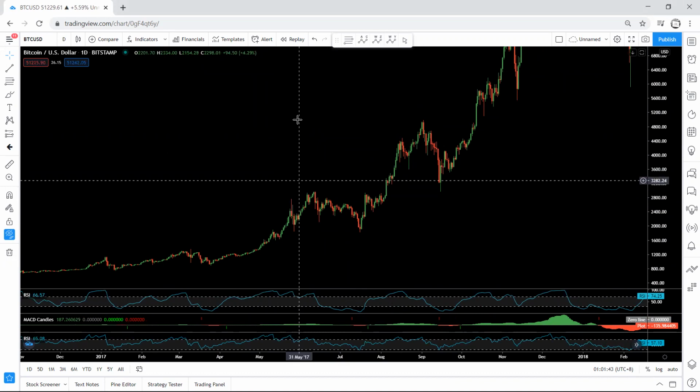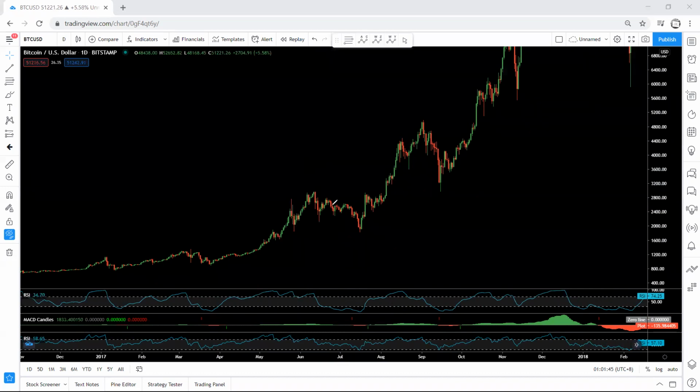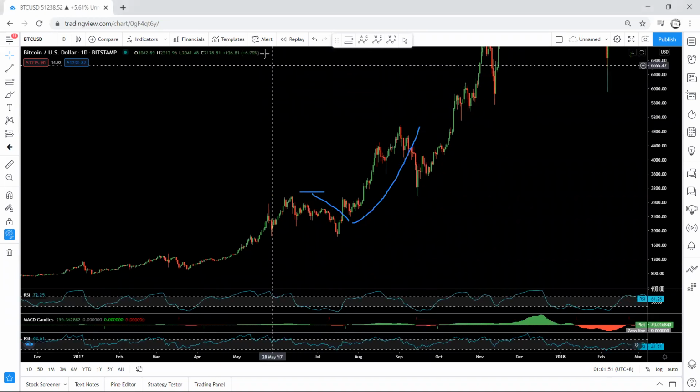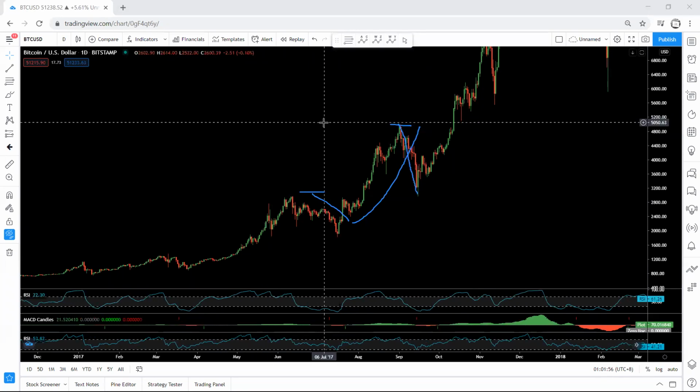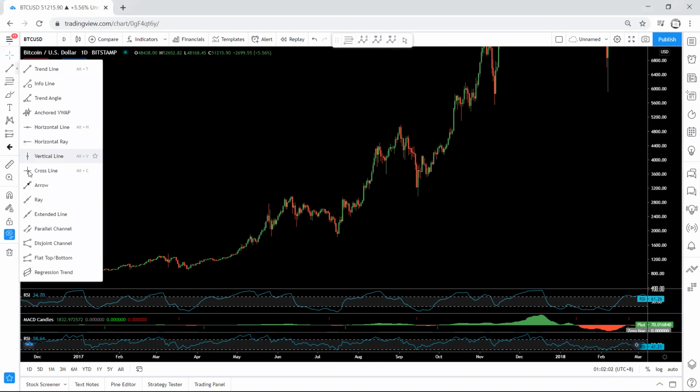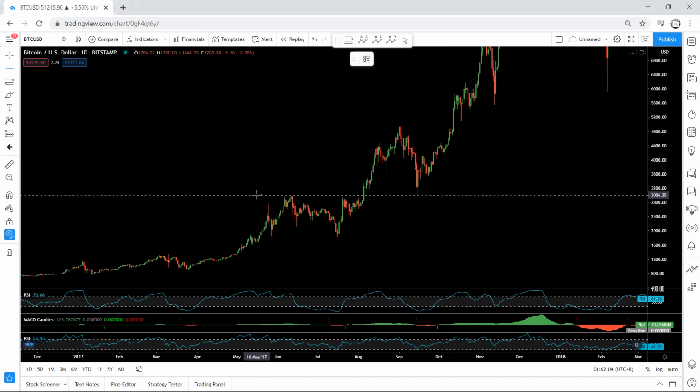When the price was almost 3K, we got the bigger correction. After the breakout of 3K, when the price was at 5K, we got another correction, in which the price dropped from 5K to almost 3K, which almost hit the previous top. If you put the line here, we can see.